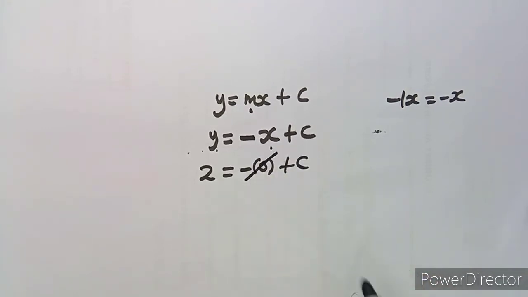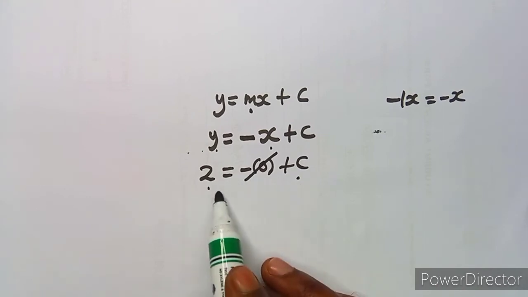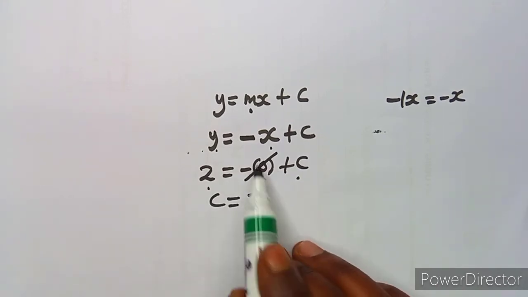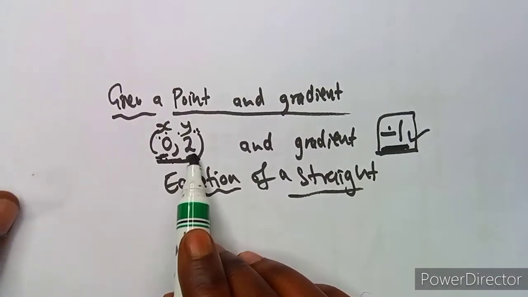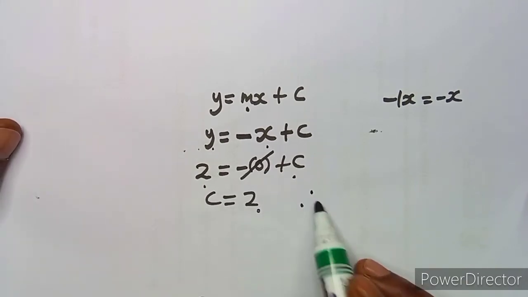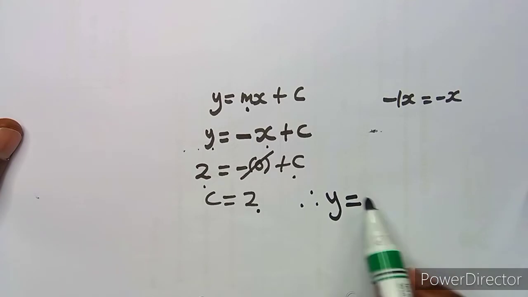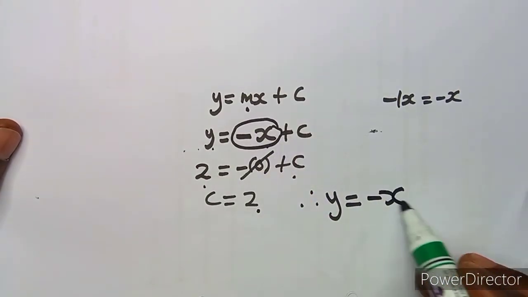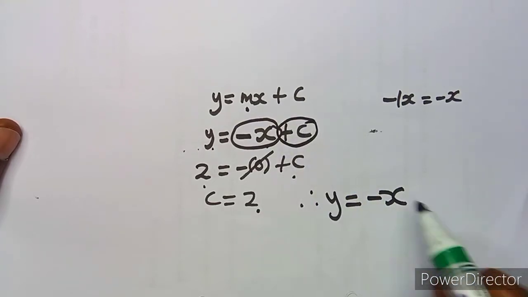There's nothing here, so c is equal to 2. By substituting the point that you are given, you determine the value of c. So therefore, the equation is going to be y is equal to minus x, this part that you obtained, plus c. And what is our c?